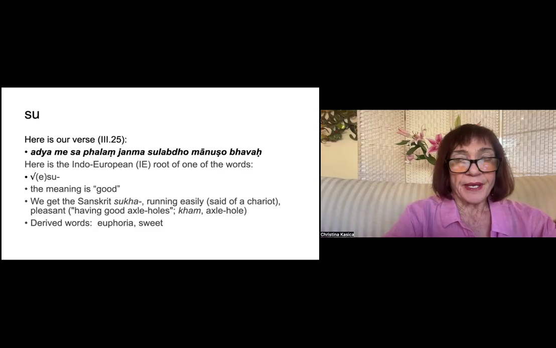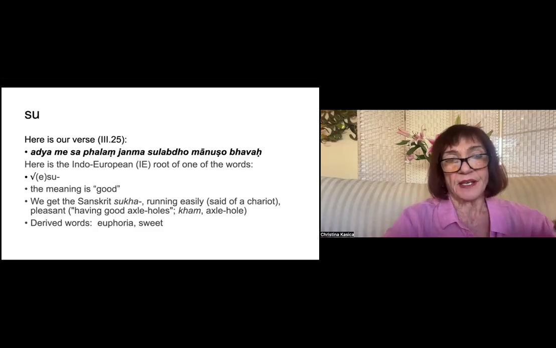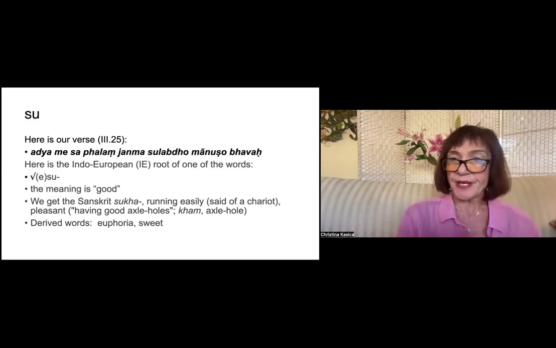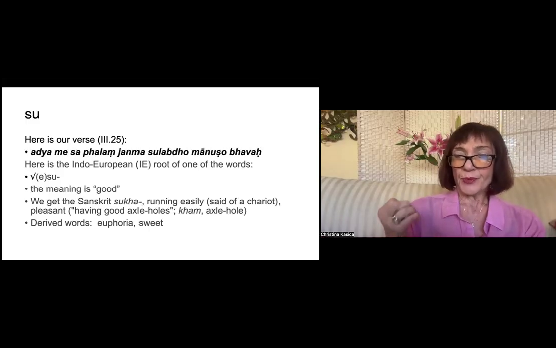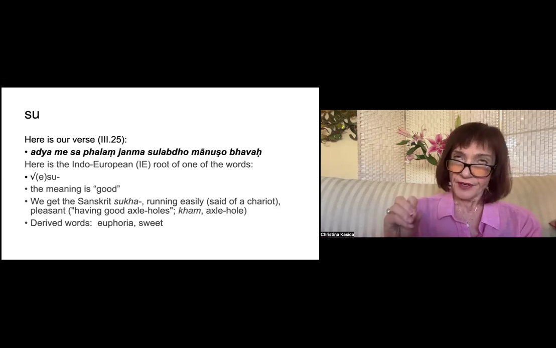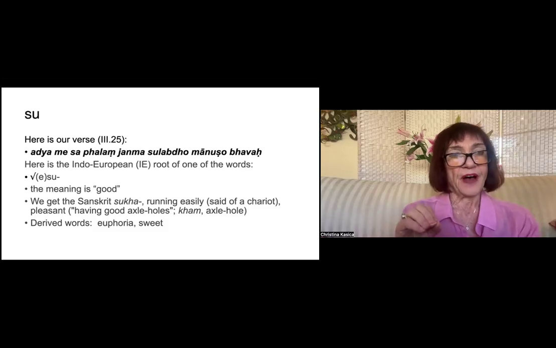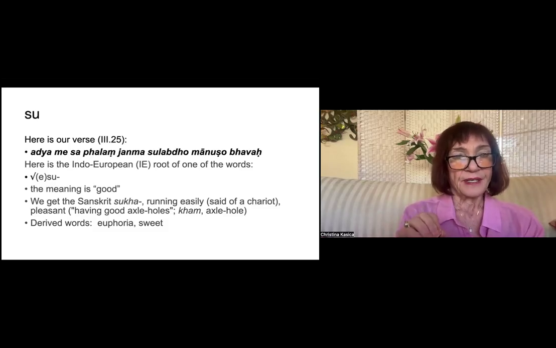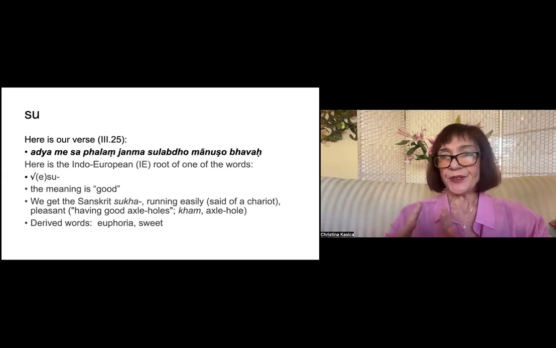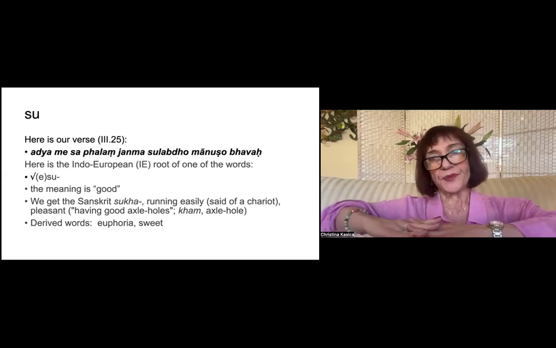Okay, so this root in Indo-European is either su or esu, and you see that the E is in parentheses because it sometimes appears and it doesn't. With roots, you find a lot of transition letters, and a lot of changes in how the root moves.